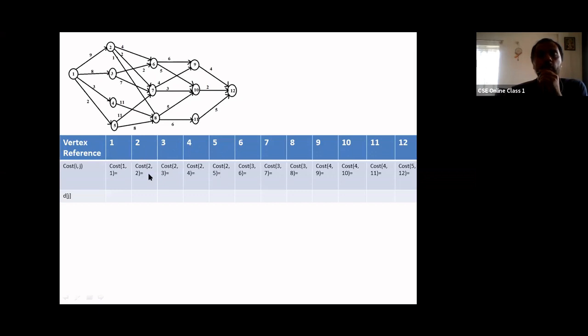Likewise 6, 7, 8 are in the third stage, so cost of 3, 6, 3, 7, and 3, 8. In the fourth stage we have 3 vertices, 9, 10, and 11, so their costs are cost of 4, 9, 4, 10, and 4, 11.